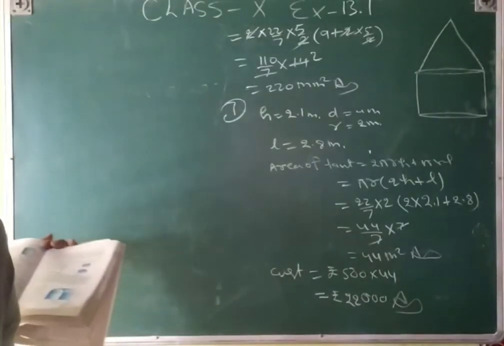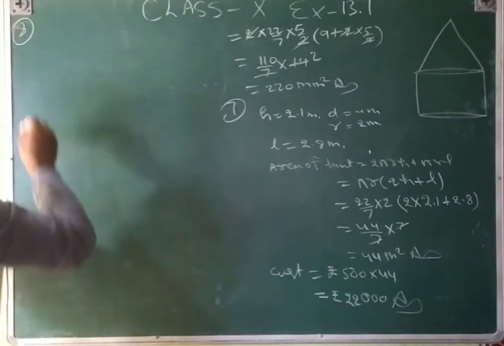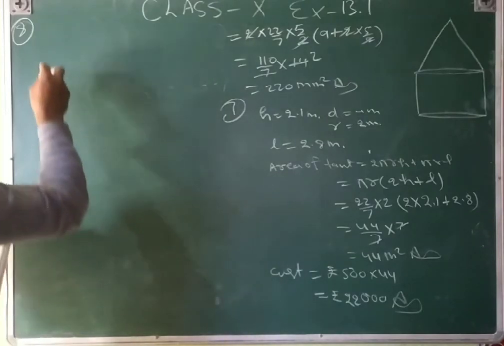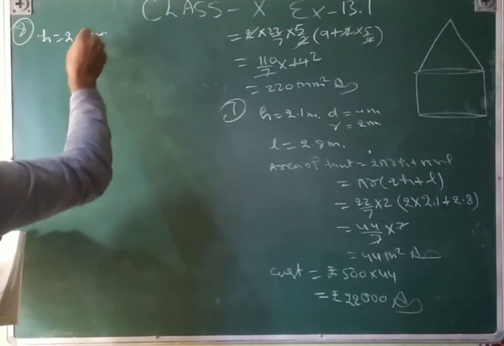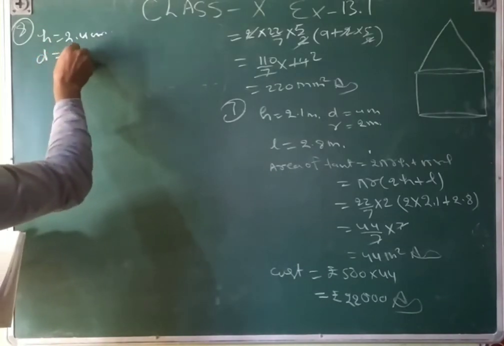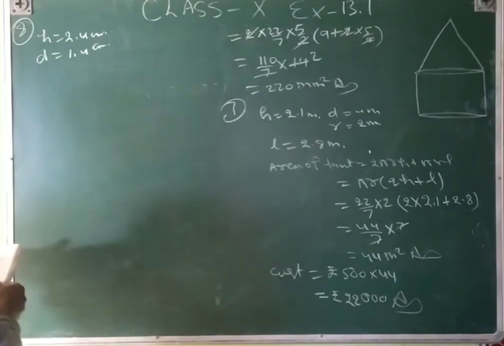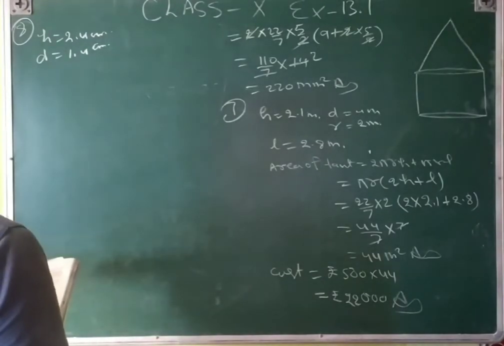Next, 8th question is that from a solid cylinder whose height is 2.4 centimeter and diameter is equal to 1.4 centimeter, a conical cavity of the same height and the same diameter is hollowed out.